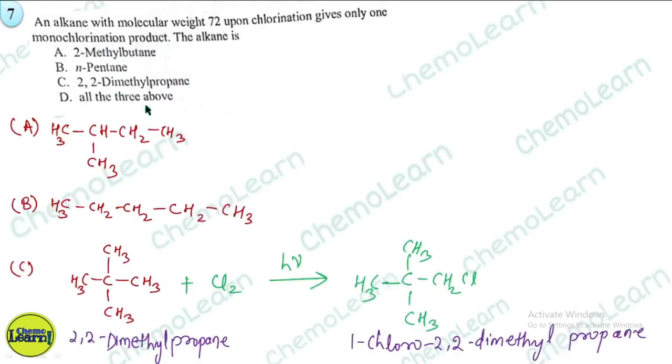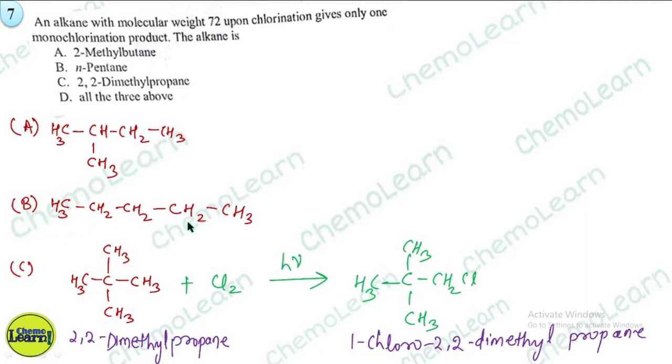An alkane with molecular weight 72 upon chlorination gives only one monochlorination product. The alkane is 2-methylbutane, N-pentane, 2,2-dimethylpropane, or all of the three above. See, this is our 2-methylbutane. It has 4 different positions, that means it can form 4 chlorinated products.